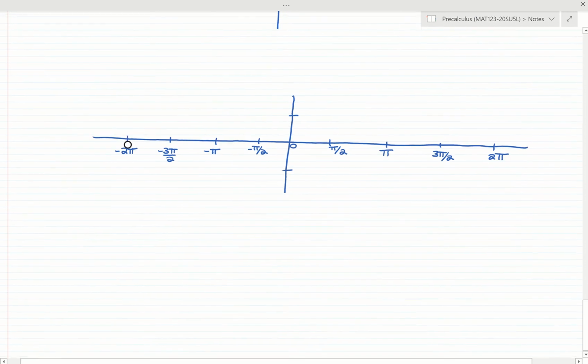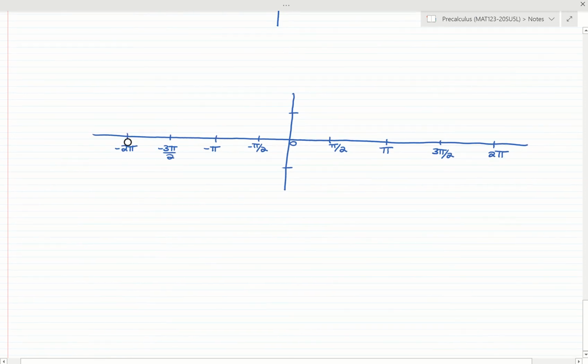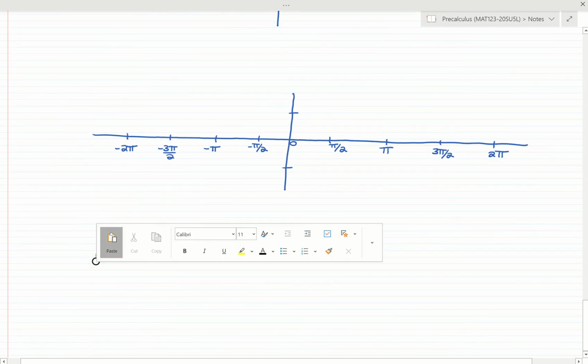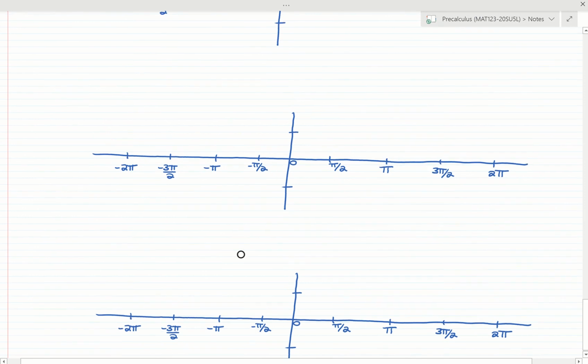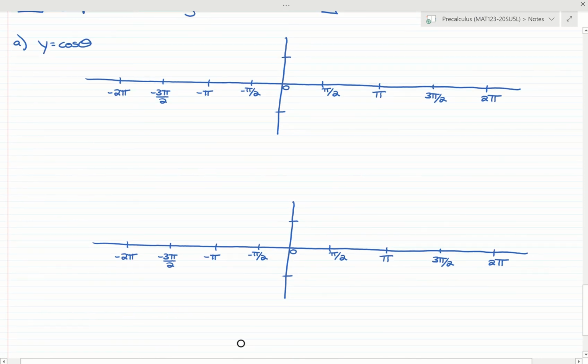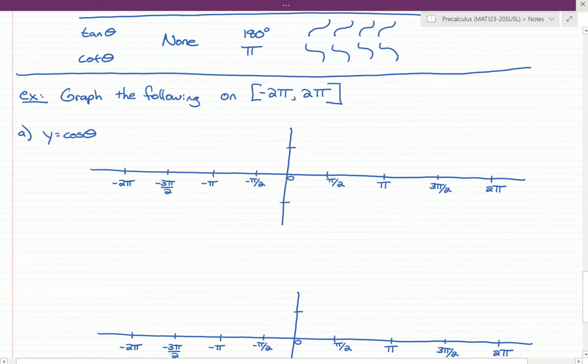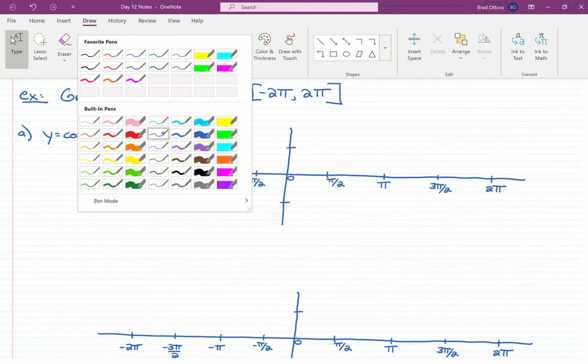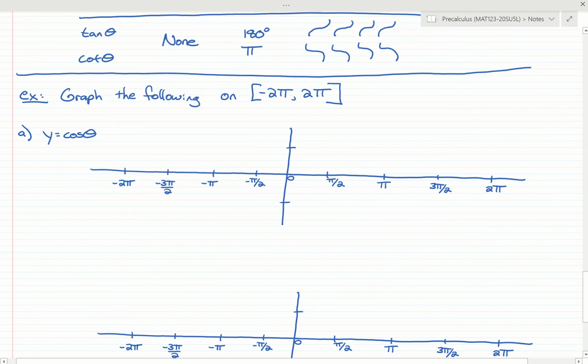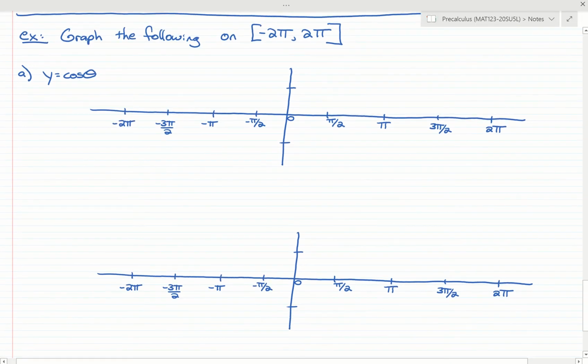All right, that's 1 and 2. All right, so our graph of cosine, use a different color. If you look at your table, cosine of 0 was 1, cosine of 90, 0, and then we have this pattern going. We know that cosine was a wave, so you don't have to know every single point.